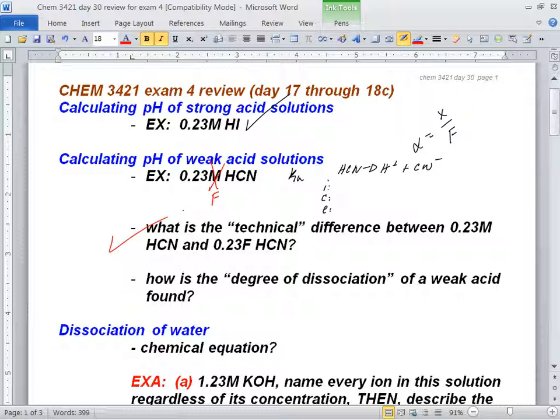You're pretty much right, right? It's this. It's that alpha. You find alpha. F is the formality that you start out with of that weak acid. X is the X in ice. Exactly. Okay.